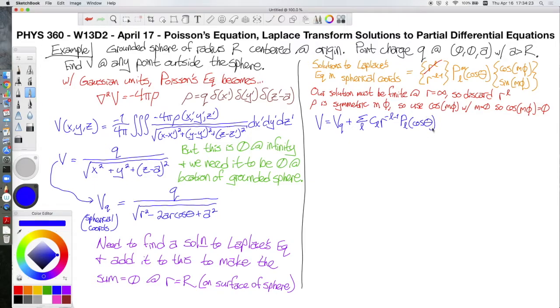Recall that when m equals 0, the associated Legendre functions just become Legendre polynomials, but we still need the potential to be 0 at the surface. So let's try to make this happen.